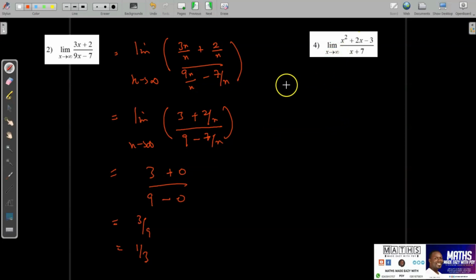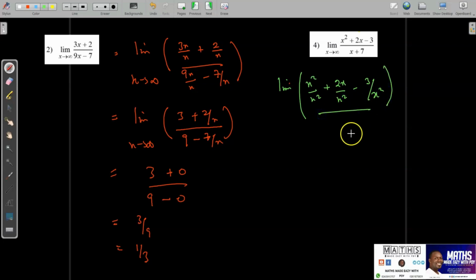So dividing through by the highest power, we have limit of x squared divided by x squared, then plus 2x divided by x squared, minus 3 divided by x squared, all divided by x over x squared, then plus 7 over x squared.